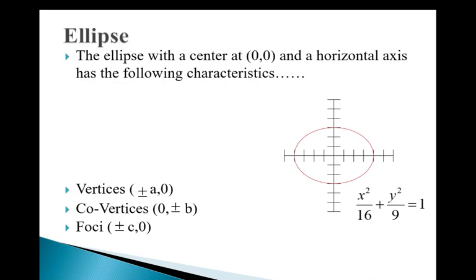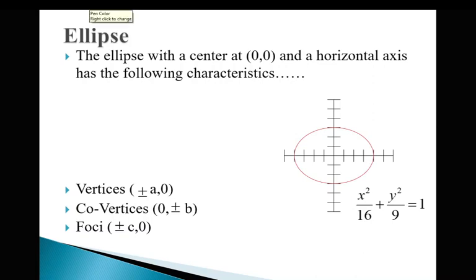Now what you need to notice first and foremost is that this is a horizontally major ellipse. This is where it becomes super simple. How do I know it's horizontally major? Because the bigger number is my a squared.